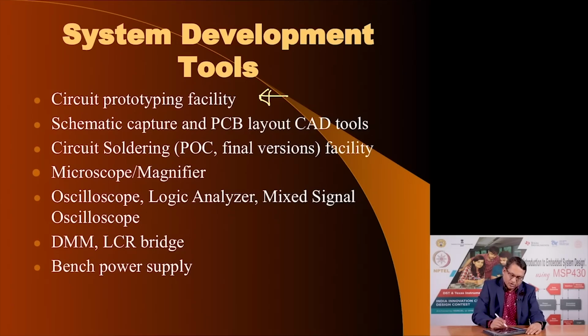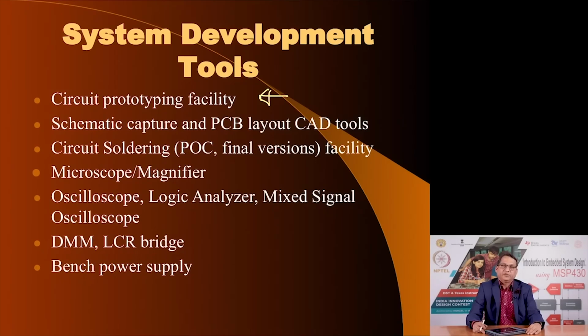You should have circuit soldering facility, maybe a soldering iron for small jobs, and increasingly, as the sizes of components are reducing, you may want a pick and place machine as well as a soldering oven for automatic soldering of these components. You may need a microscope or a magnifier to magnify and inspect your fabricated circuit board to ensure that there are no shorts or open tracks.